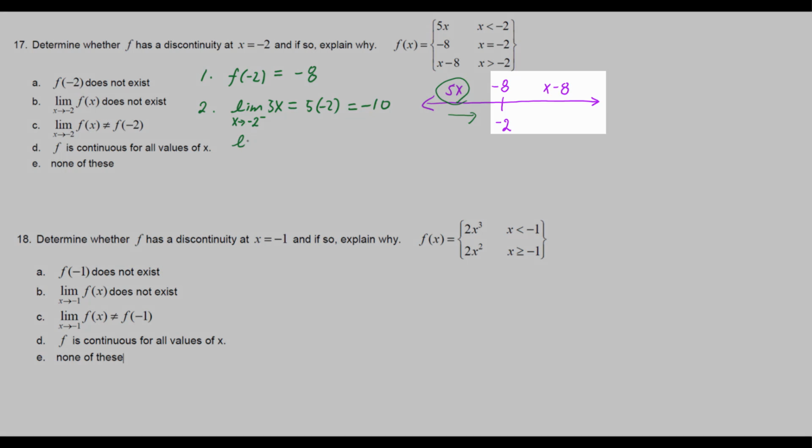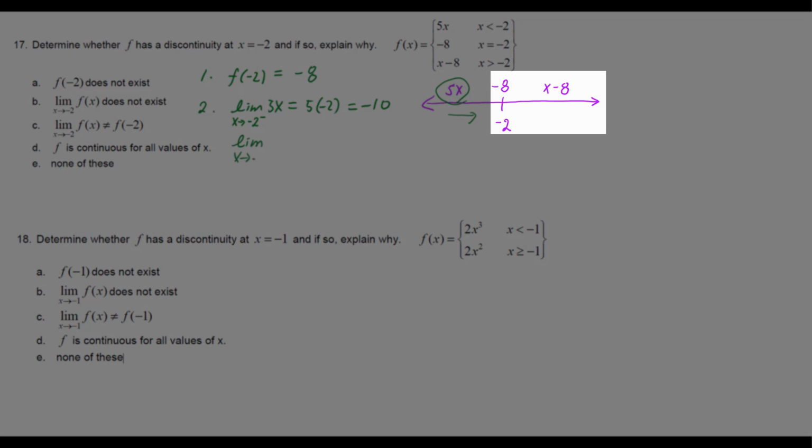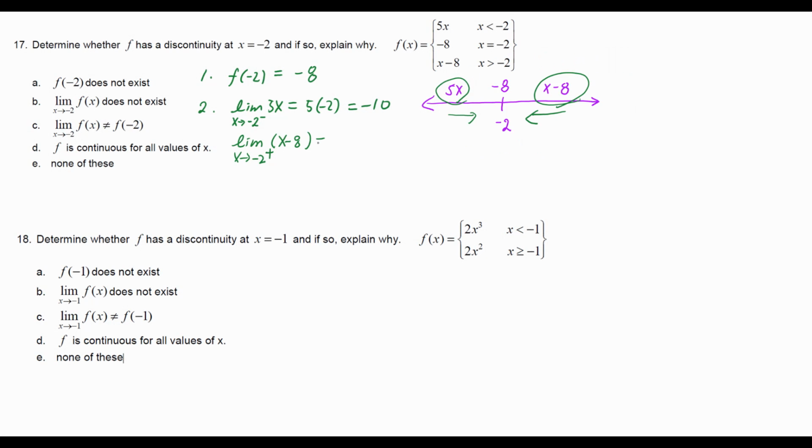What is the right limit? When x approaches -2 from the right, we use the x minus 8 function. So you plug in -2 minus 8, again, it is -10. So since my left limit is equal to the right limit, the limit as x approaches -2 of f of x exists, and it is -10.